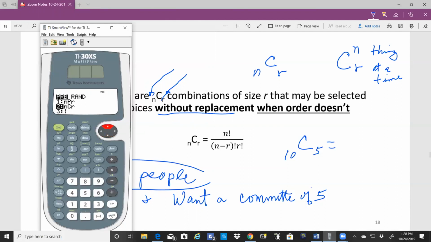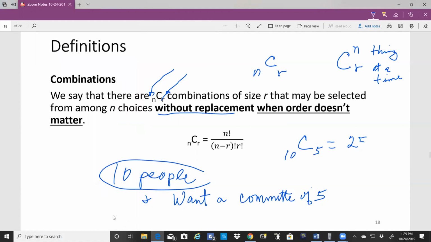And then hit that, and then put in 5 and hit enter. And there are 252 possible ways to form a committee of 5 people if you have 10 choices.